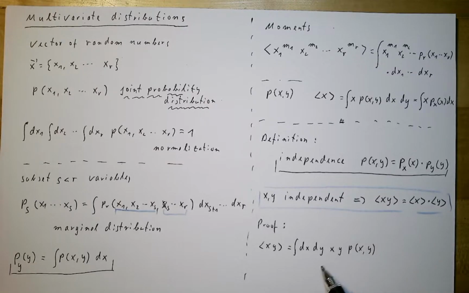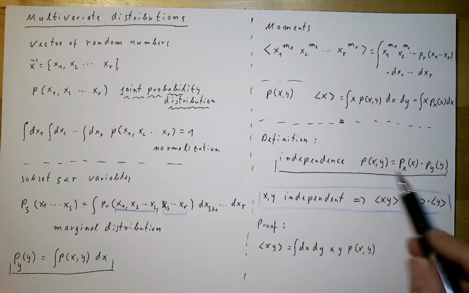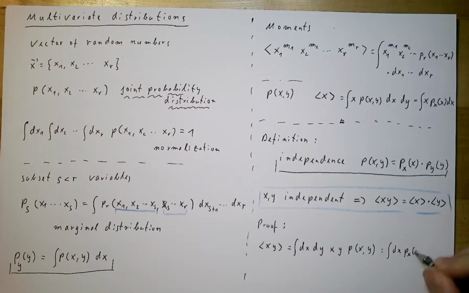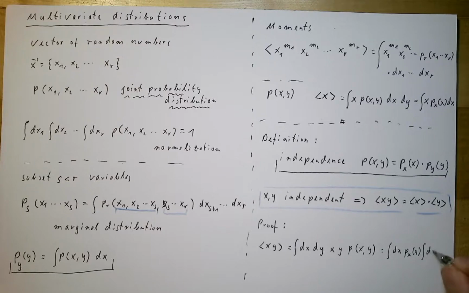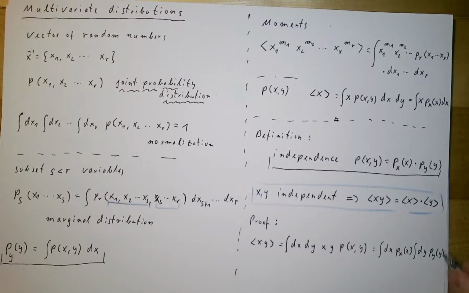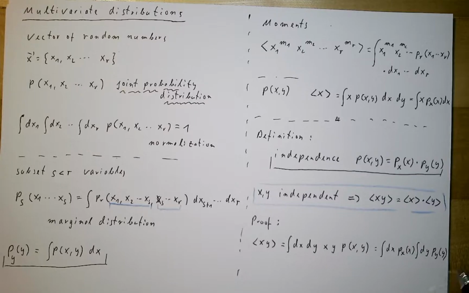And now we can use this here, we can rewrite this as the product of the marginal distributions, and then we have here the integral dx px of x, and then we have this integral dy py of y, and this is just the product of the expectation values. So that is very simple to prove.